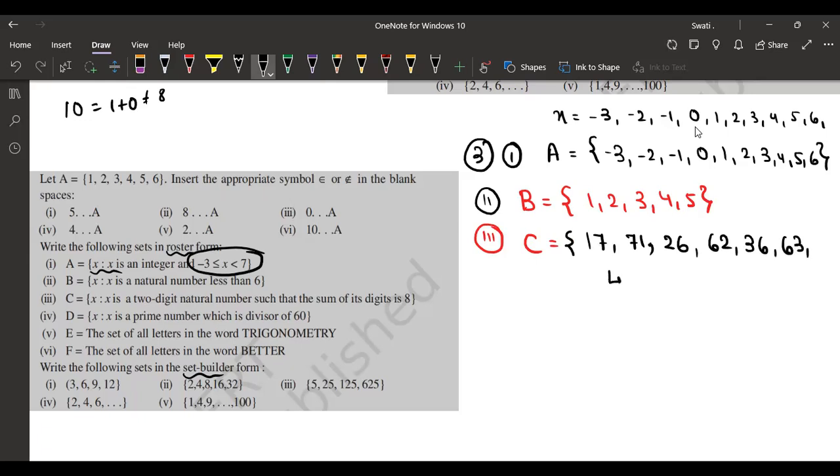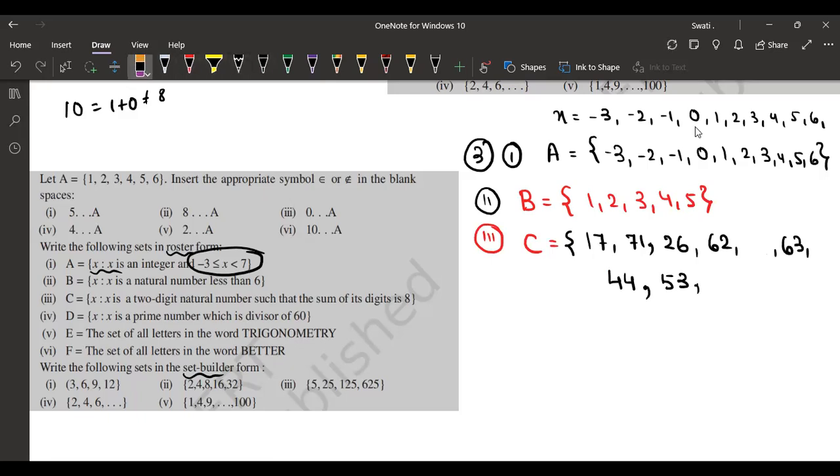Next, 44. If you reverse 44, it is going to be 44 only. So remember one more thing here: we do not write down the repeated number in the set. Make sure you don't repeat it. Next is 53. Right. So if you're writing 53, of course, you have to write down. One second. I made one mistake.